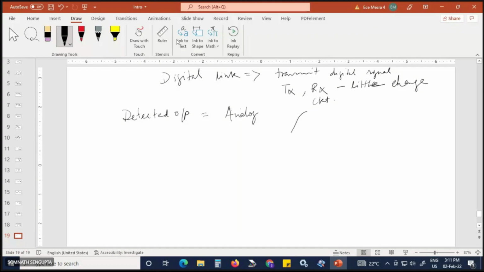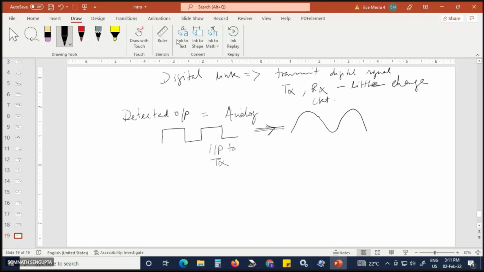Like this kind of signal. You are applying input as a square wave, but at the photodetector output, and this is the input to the transmitter, and this is through optical fiber it is propagating.